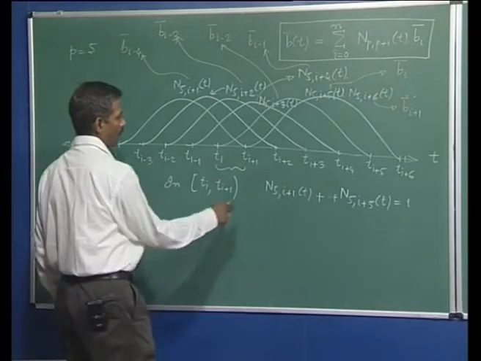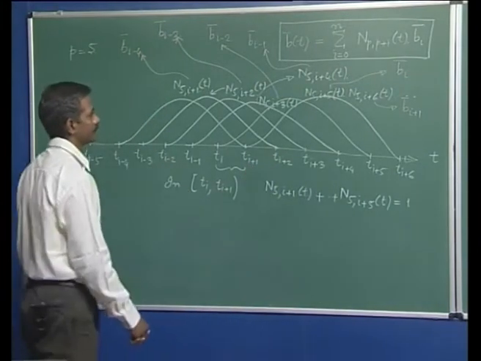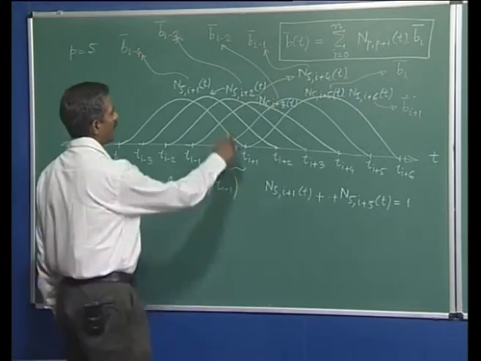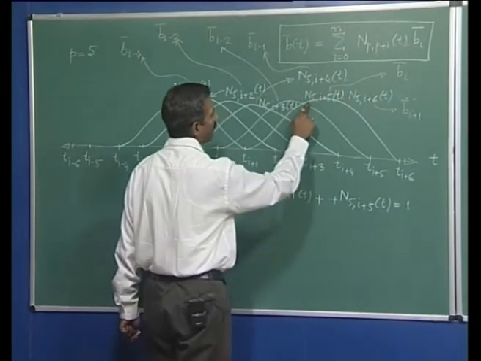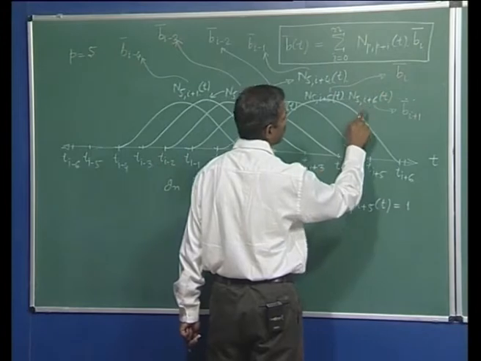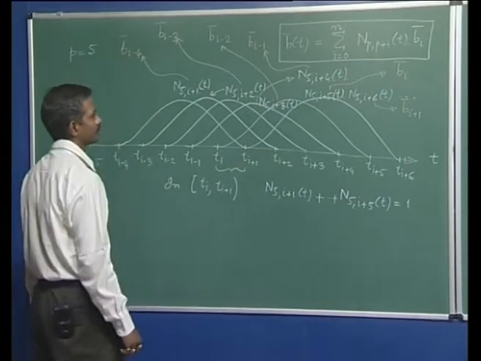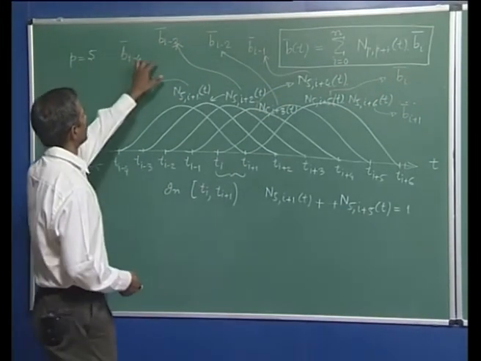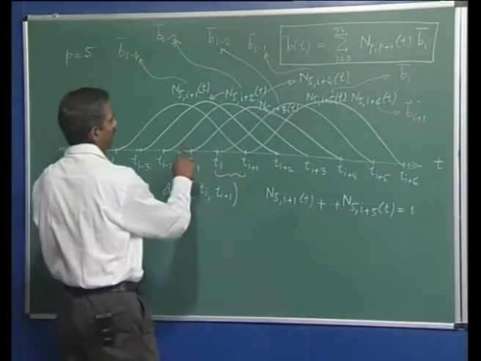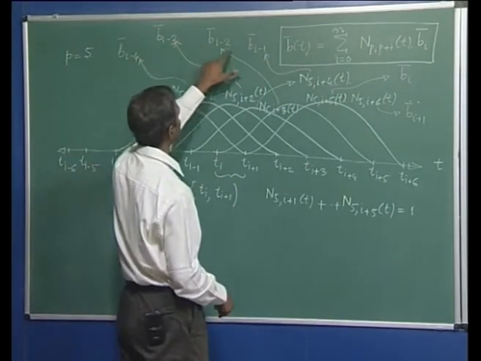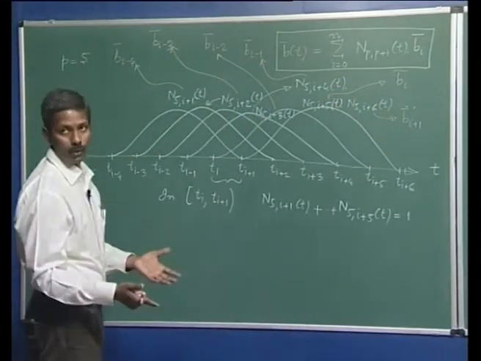The story for the interval t_{i+1} to t_{i+2} is identical. Here, we'll have N_{5,i+2}, N_{5,i+3}, N_{5,i+4}, N_{5,i+5}, and N_{5,i+6} non-zero, and they would sum to 1. Because of which, the subsequent set of 5 points, p equals 5, which are b_{i-3}, b_{i-2}, b_{i-1}, b_i and b_{i+1}, will form a local convex hull.